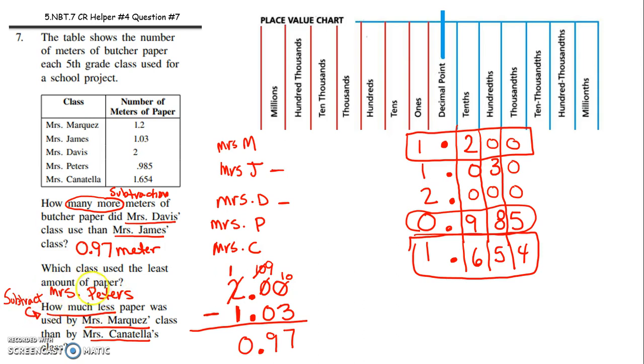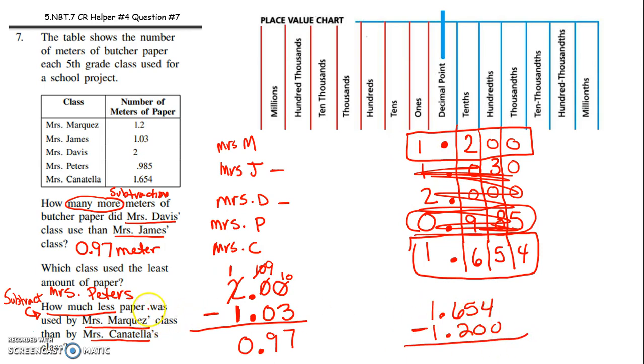So for this problem down here, it's going to be subtract. So I'm just going to cross off the rest of them. These are the two numbers. So we'll take Mrs. Cantanella's class, 1.654, and we'll subtract off how much Mrs. Marquez's class used, 1.200.